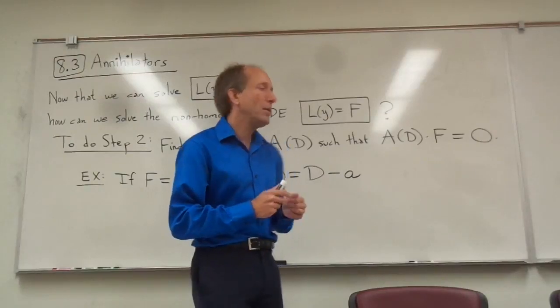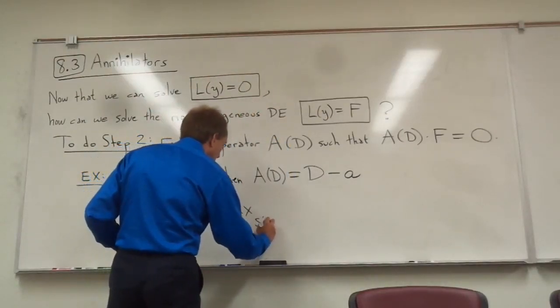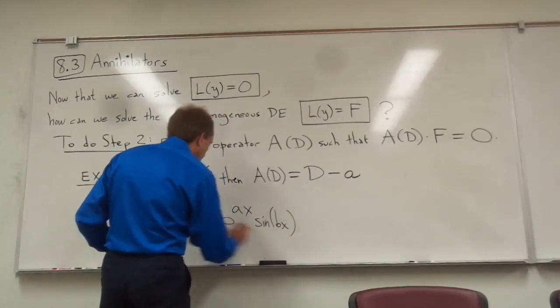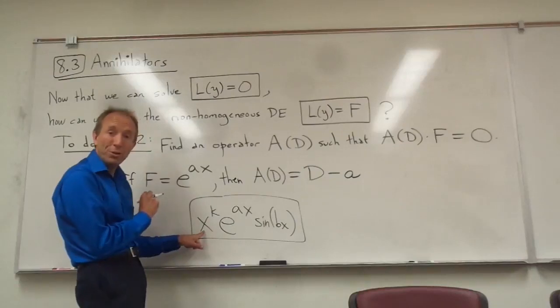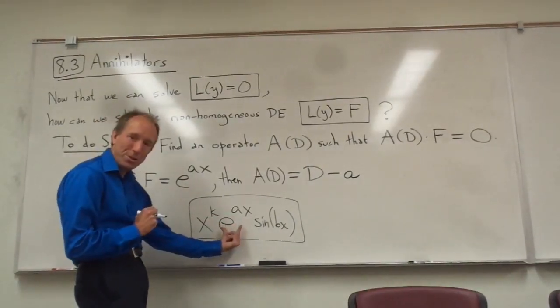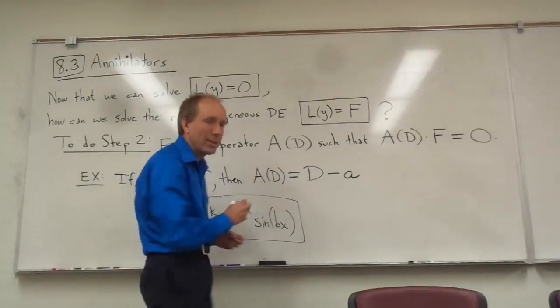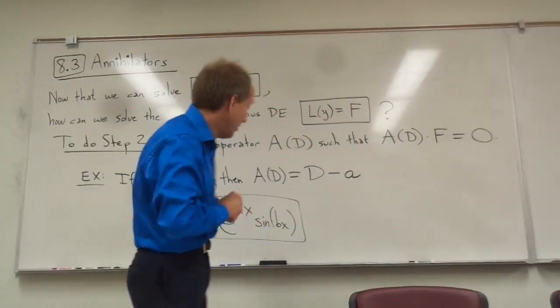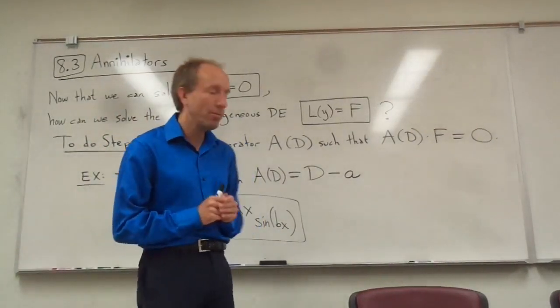And so you can handle even expressions that are combinations of the things that we just talked about. You can take a polynomial expression with an exponential expression with a sine or cosine expression and multiply it all together, and there is an annihilator for that as well. And it's in the table of annihilators that I'm referring to.